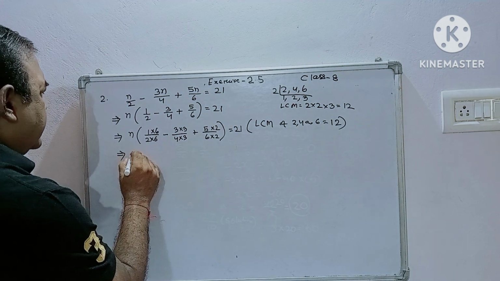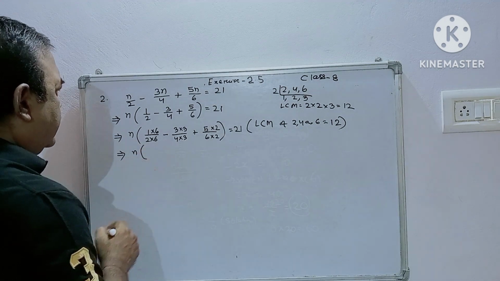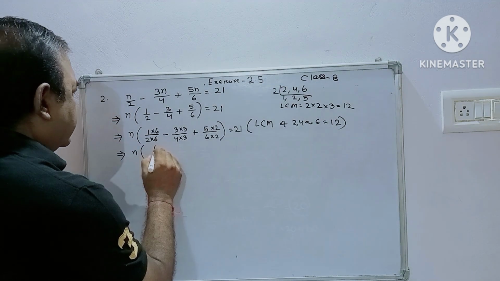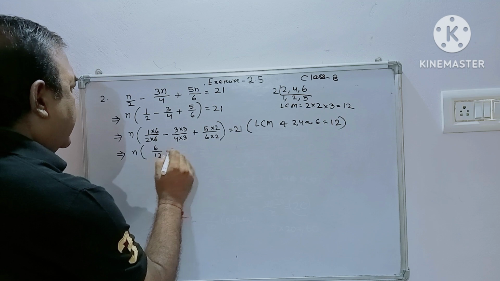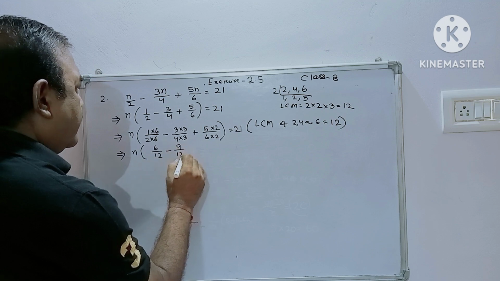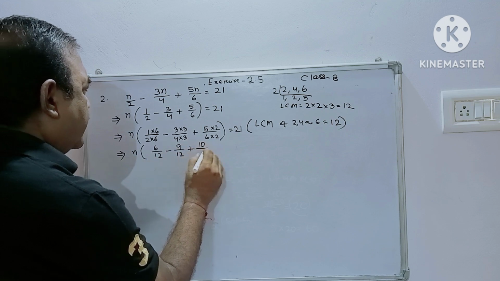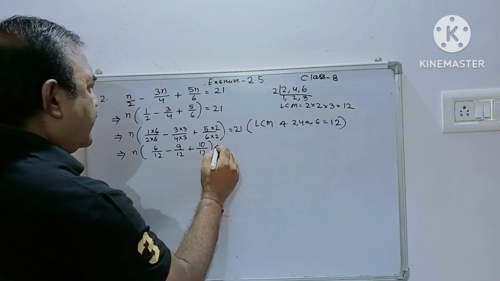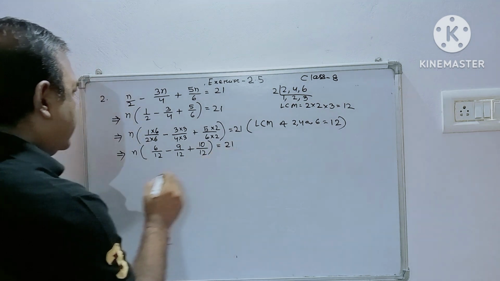That implies n, you start the bracket here, 6 upon 12 minus 9 upon 12 plus 10 upon 12, end the bracket here, that is equal to 21.